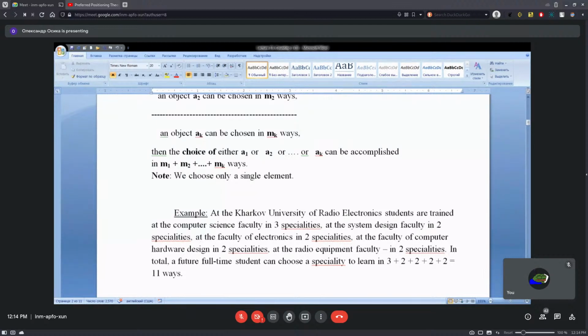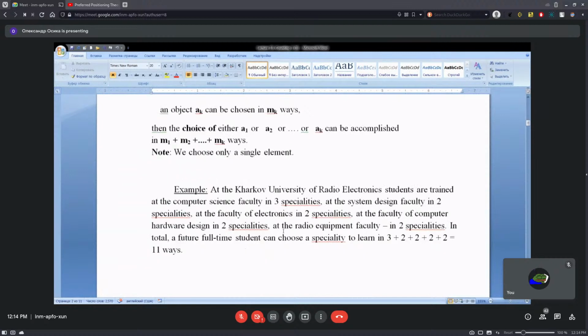At the faculty of electronics in 2 specialties. At the faculty of computer hardware design in 2 specialties. At the radio equipment faculty in 2 specialties. So many faculties, so many specialties.